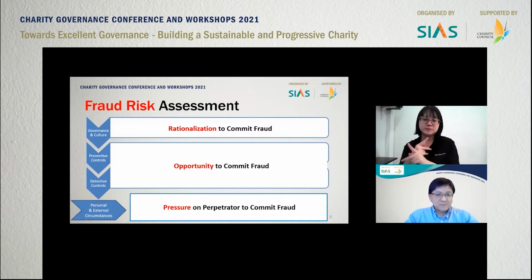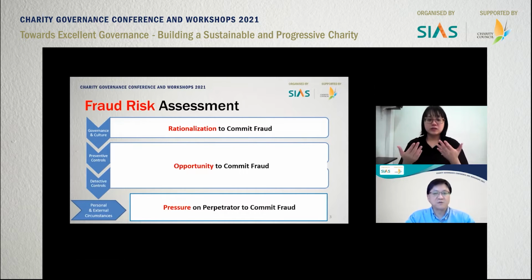Now, the last aspect is one area which we might not have much control over, except for screening the right staff. When you hire the right people, get the right people onto the bus. Someone could easily be pressured by their own circumstances, for example gambling, heavy debts, and so on, or whatever reason, be it market expectation and so on.